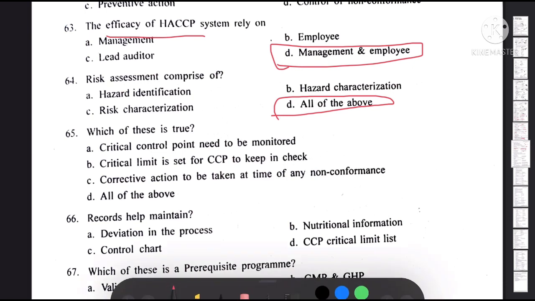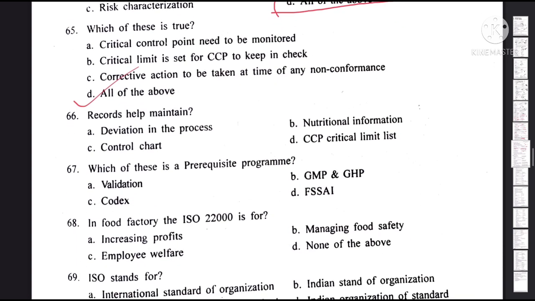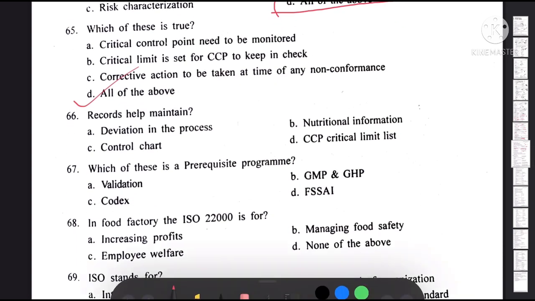Critical limit is set for CCP to keep in check. Corrective action to be taken at time for any non-conformance, or all of the above. So all of the above are true. Next, records help maintain deviation in the process, nutritional information, control chart, or CCP critical limit list. So records help to maintain the deviation in the process.